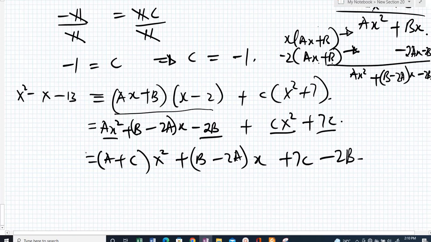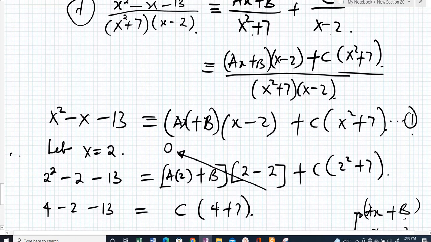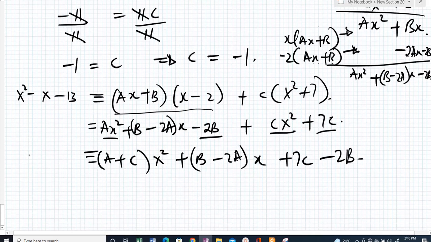So you have this, you have x squared minus x minus 13.